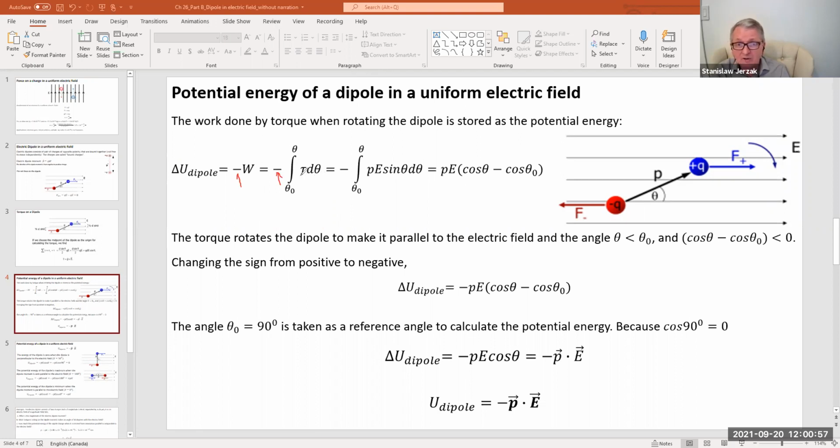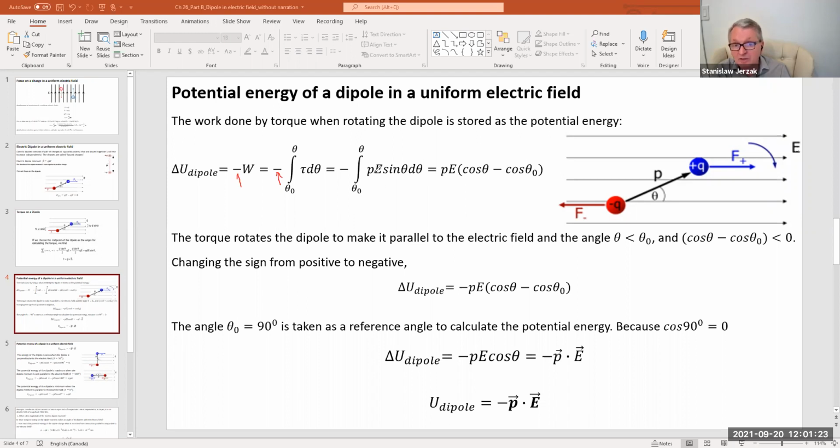So let us calculate the work done by that torque when it is rotating the dipole. Torque is equal to PE sine theta, remember, cross product, times d theta, and I want to calculate work from the initial orientation of the dipole, say the dipole initially makes angle theta naught, until the final orientation theta.